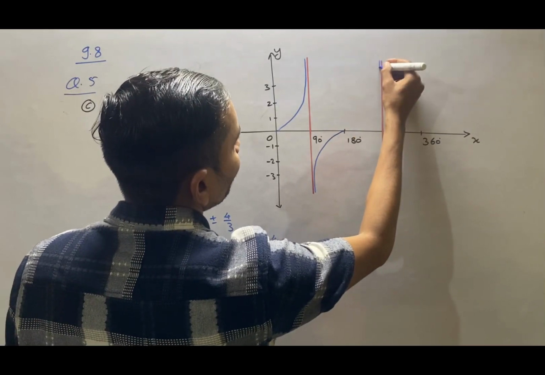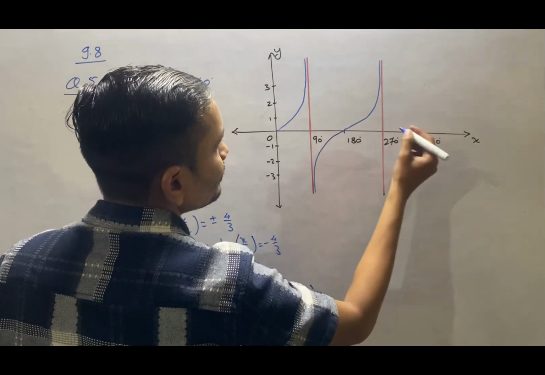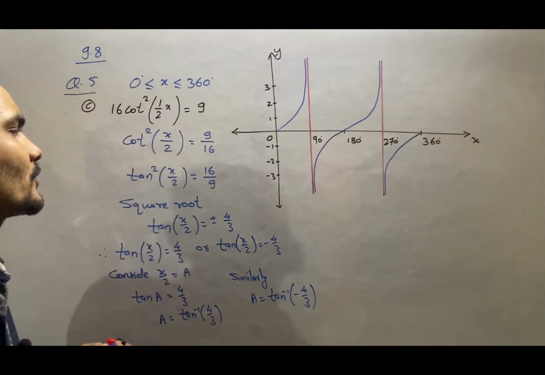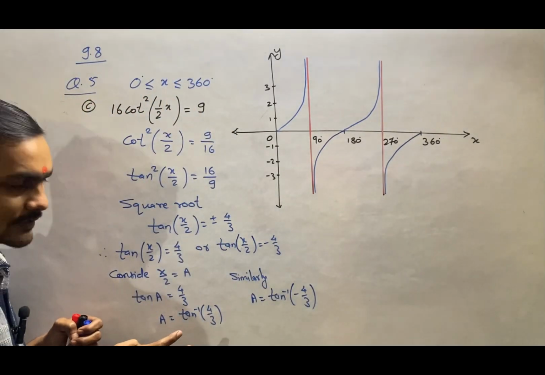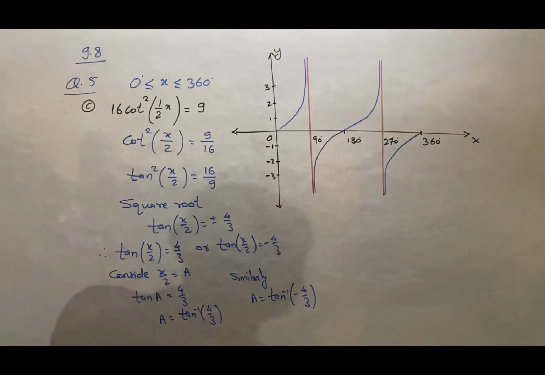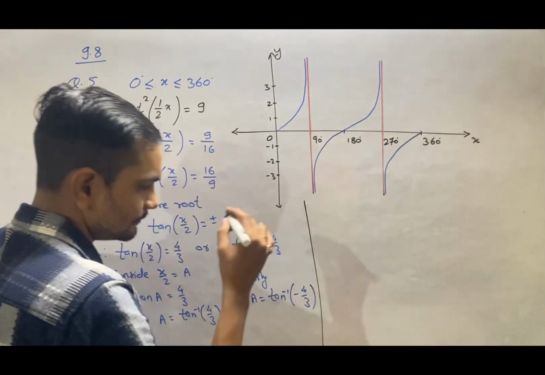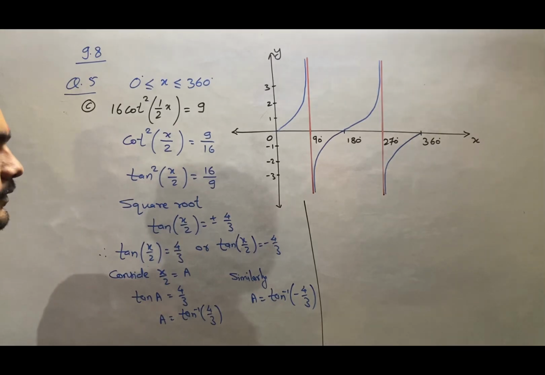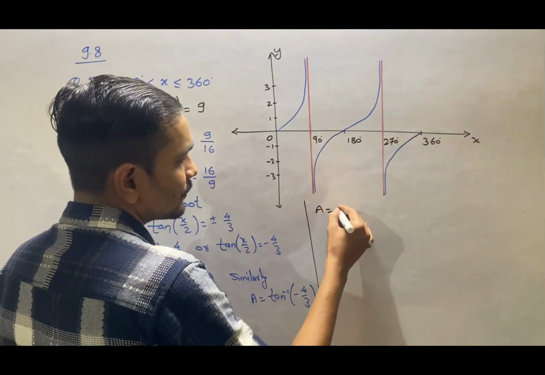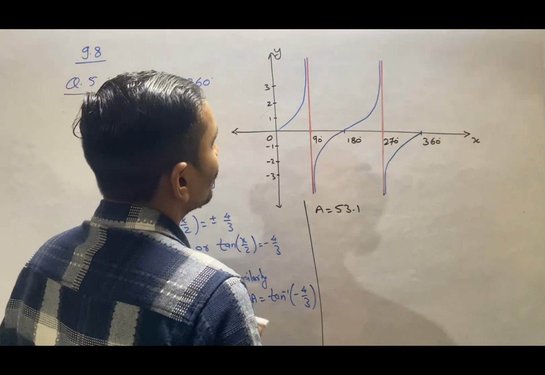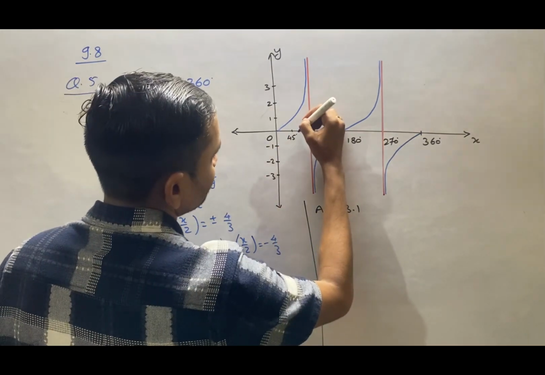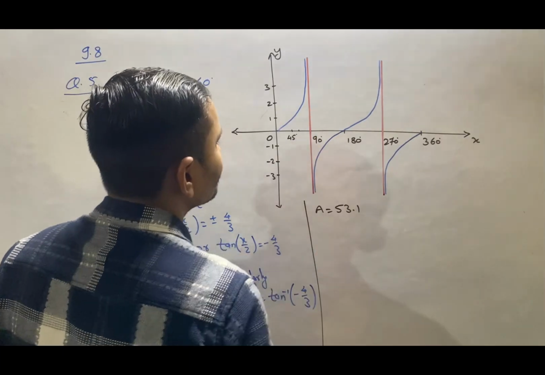Okay, now let's solve using the calculator. Tan inverse of 4 over 3 is 53.1, so a equals 53.1. Somewhere in between we have 45 degrees, so 53 is around here.